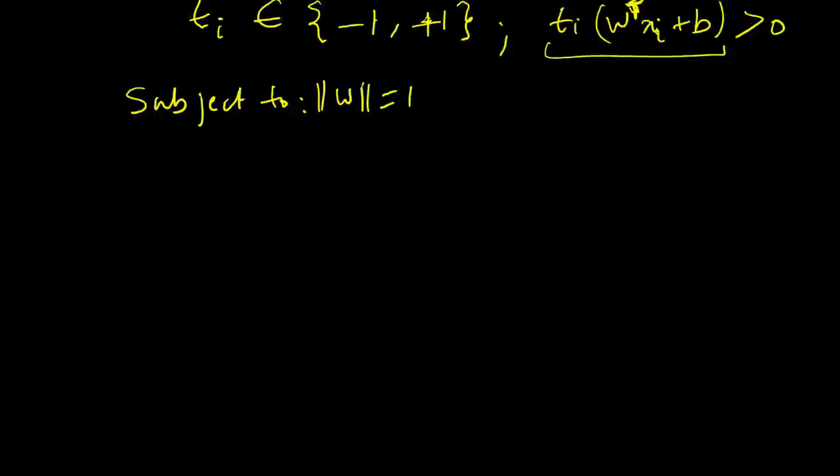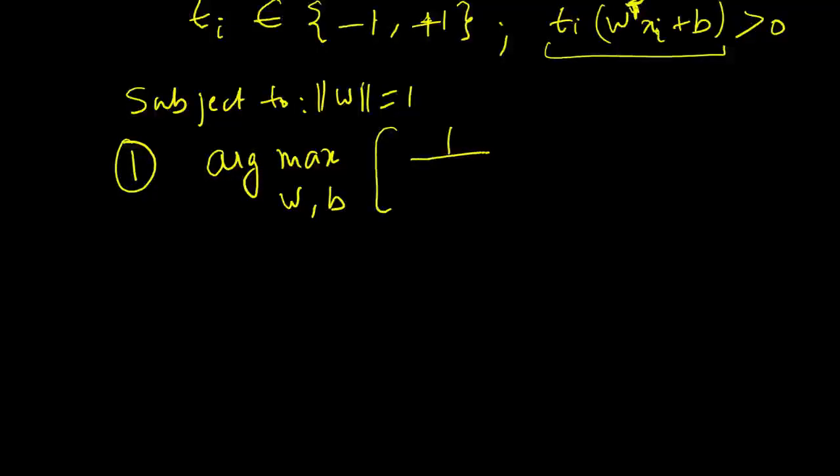The ones that are closest to the hyperplane, the dividing hyperplane, the decision boundary, where this expression is 0, right? So basically we have a form of an optimization now. We have arg max over W comma B of 1 over mod W, where if we don't have mod of W equal to 1, we can have 1 over mod of W times the minimum over i of Ti times (W transpose Xi plus B).